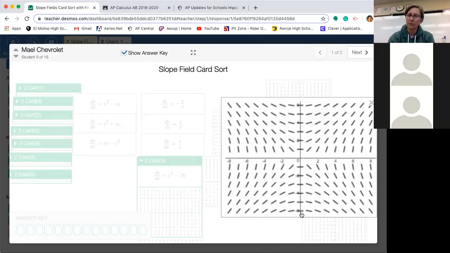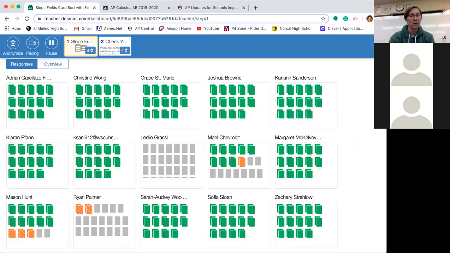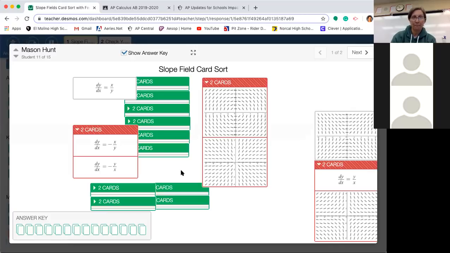I always look for slopes of 0. So if I have 0.2 or 0.4 or 0.6, what's making that 0 is if the x value is 0. So if I have x in the numerator, that kind of thing might work there, right?